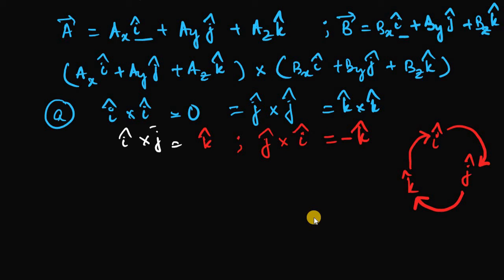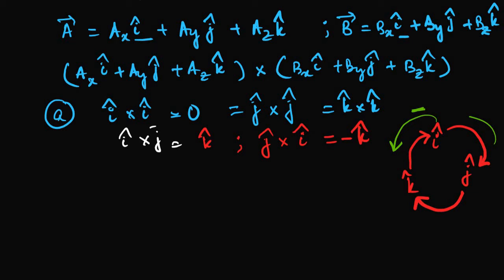But if we are taking the turn anti-clockwise, like from i to k this way, then it is going to be minus. That's what I have written here. So i cross j is k, but j cross i, if it is going this way, it would be minus k. This one is perpendicular to these two, mutually perpendicular to these two. So this is the fact of it.